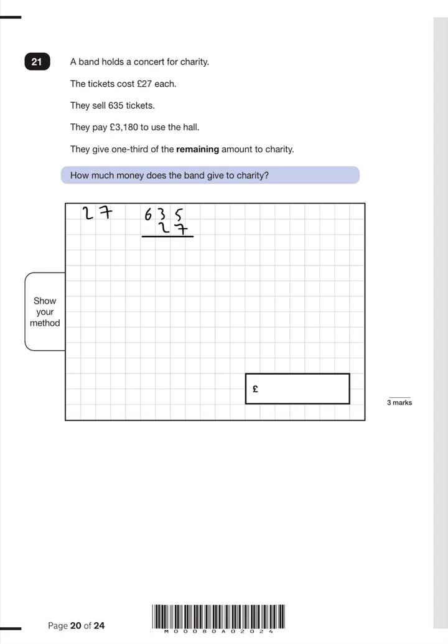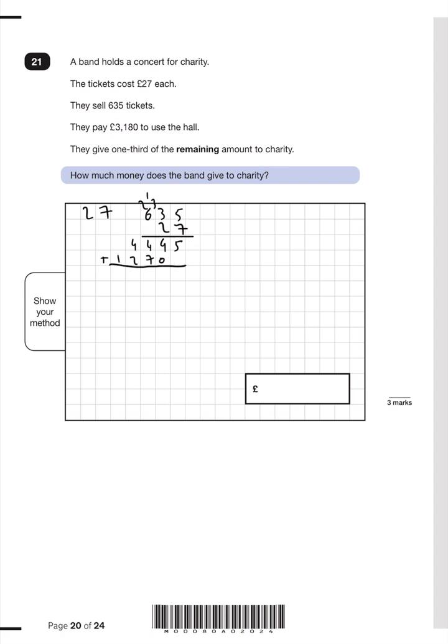7 times 5 is 35. 7 times 3 is 21, plus 3 is 24. 7 times 6 is 42, plus 2 is 44. 2 times 5 is 10. 2 times 3 is 6, plus 1 is 7. 2 times 6 is 12.